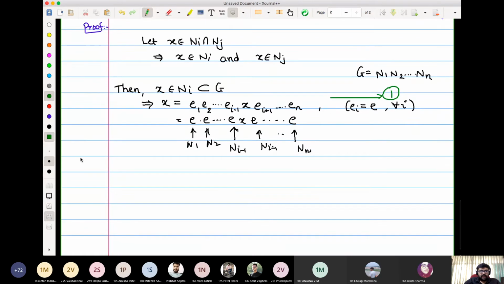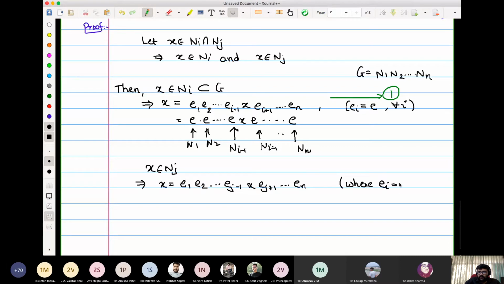Similarly, I can write x belongs to Nj. How will we write it for Nj? So x belongs to Nj. This implies x equals E1, E2, and so on up to E(j minus 1), then x, then E(j plus 1) up to En. Again, what is Ei?